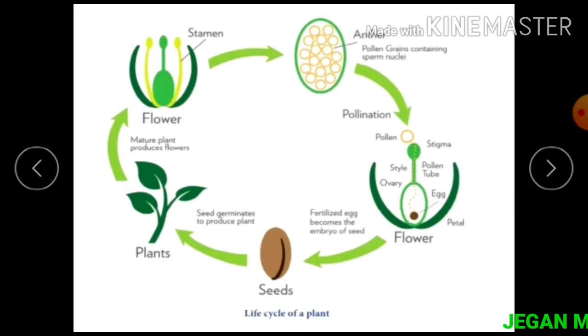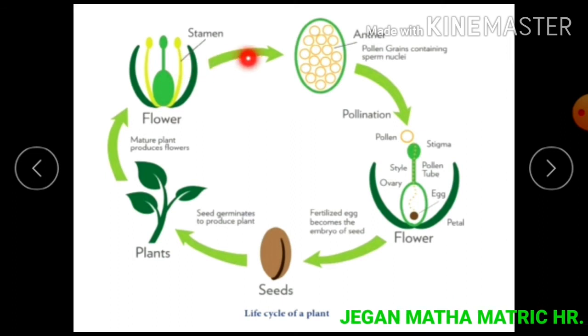This is the life cycle of a plant. Flower from a mature plant. The flower consists of stamen. Pollen grains of stamen reach the stigma. Pollination takes place.